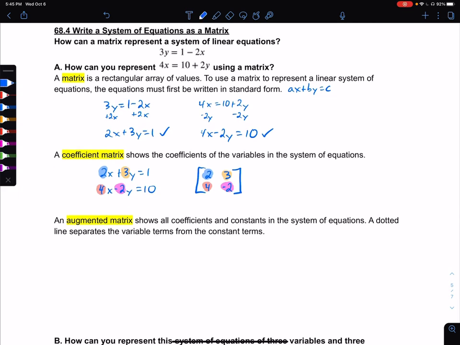Now, an augmented matrix shows all coefficients and constants in the system of equations. A dotted line separates the variable terms from the constant terms. So I'm going to rewrite my equations, using my same colors here.